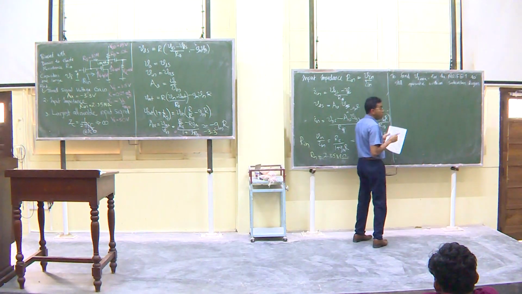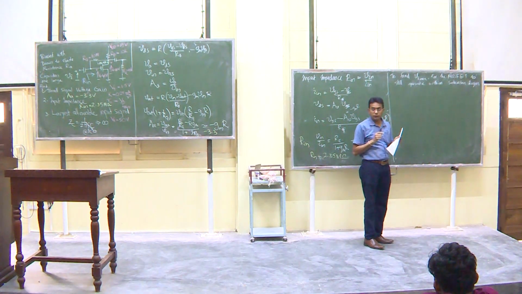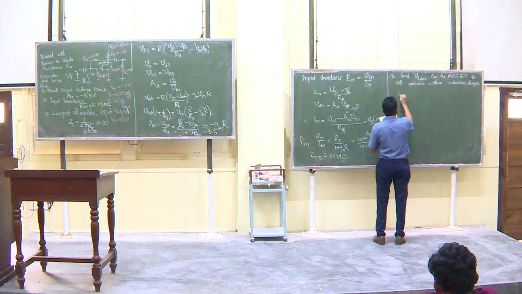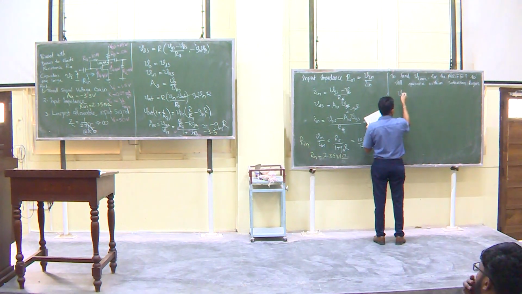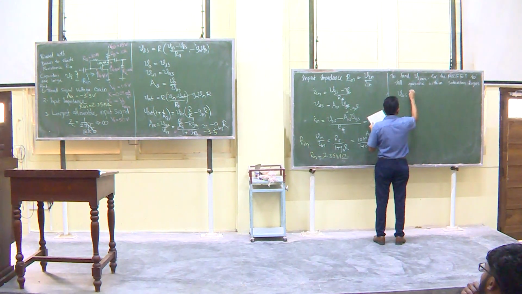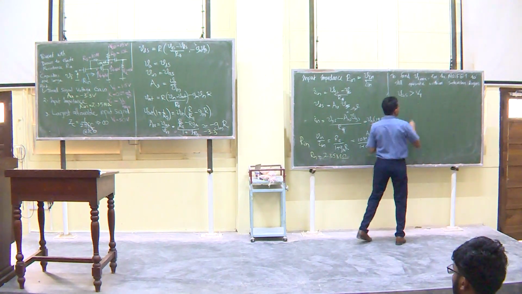That means we have to satisfy two conditions, right? A: VGS, this is AC plus DC, is greater than VT.